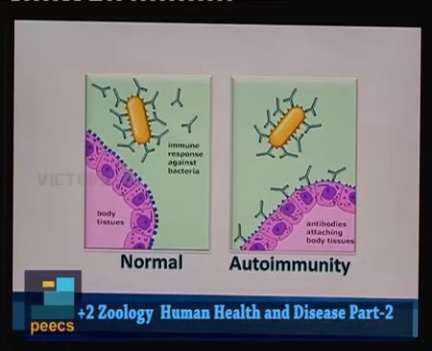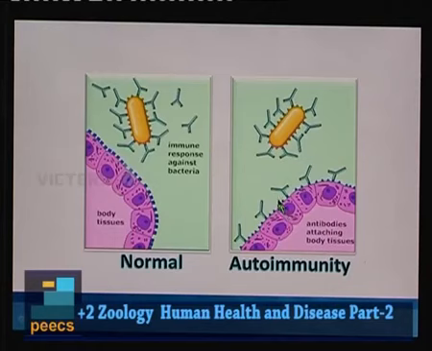So, here in this picture you can see the antibodies are generated due to the presence of antigens. The role of antibody is always to respond against non-self. Here you can see in the normal case antibodies are acting against the bacterial cells. So, immune response is generated against the bacterial cell.